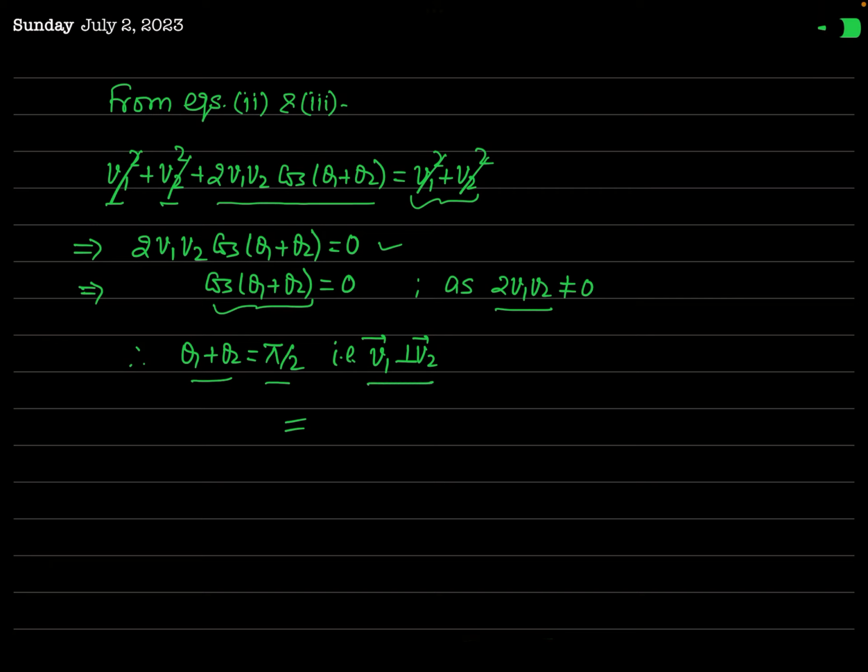So the final velocities of the two bodies, v1 and v2, are perpendicular to one another. I think you have clearly understood this, and as I have told you earlier, in the forthcoming lecture we will see the same problem but in the center of mass frame, where we will also relate the angle of scattering and angle of recoil in the two frames of reference.